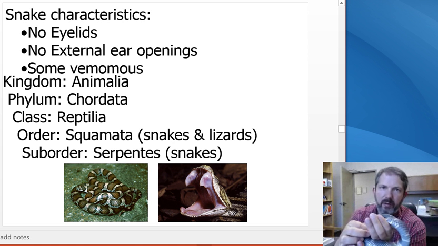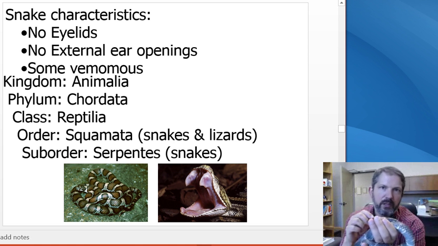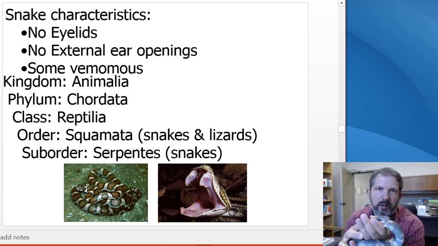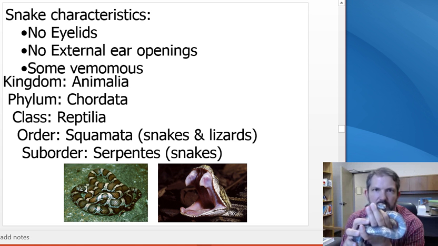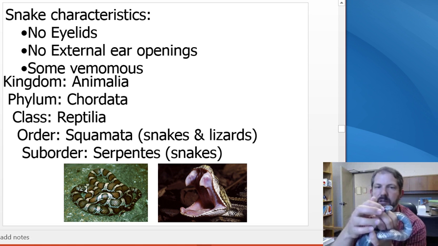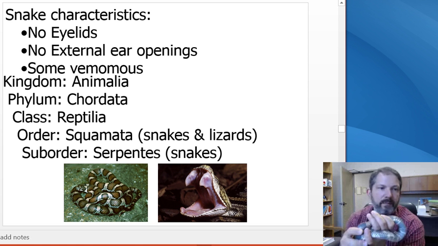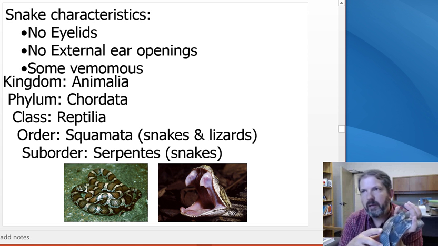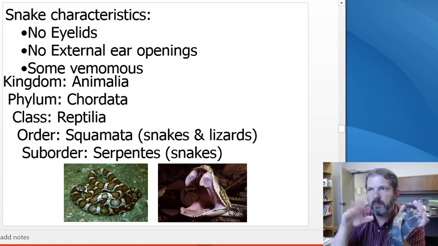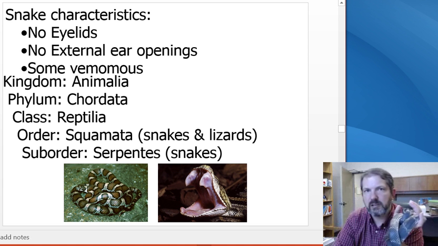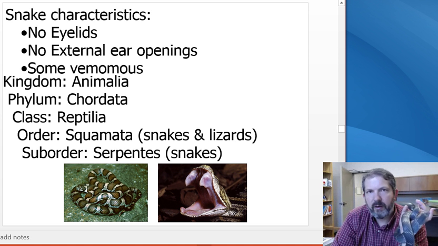And so the mammalian ear is much more sensitive, and it's partly by use of those little bones that in a lizard or snake are part of the jaw. Lizards have probably better hearing than snakes, but snakes do have some hearing. They're still picking up vibrations through the ground and through the air. They just don't have ears. They don't have an eardrum either, so probably their hearing's not too good.